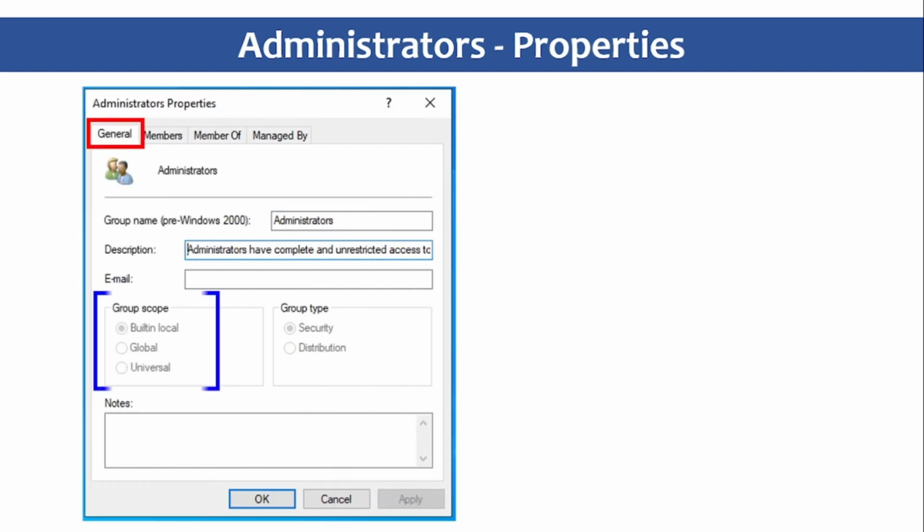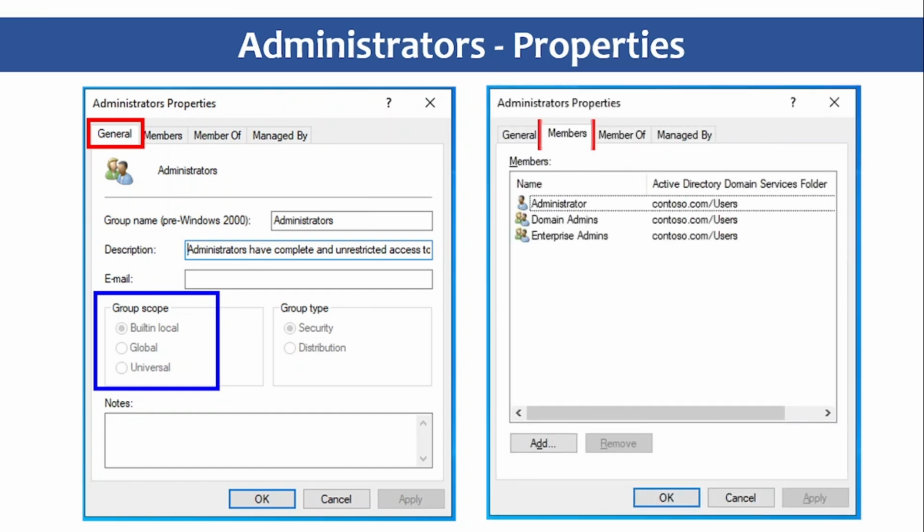If you go to General, as we saw, it's a built-in local group, as good as a domain local group. It's grayed out again. And if you go to Members, we have the domain administrator user as a member, the domain admins group as well, and the enterprise admins as well as members of this particular group named administrators.